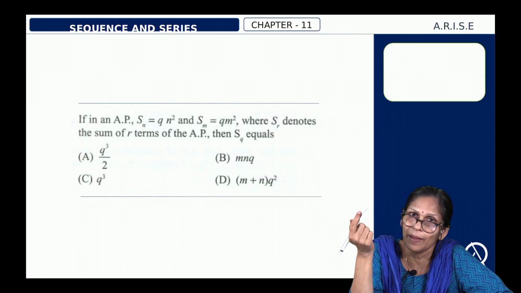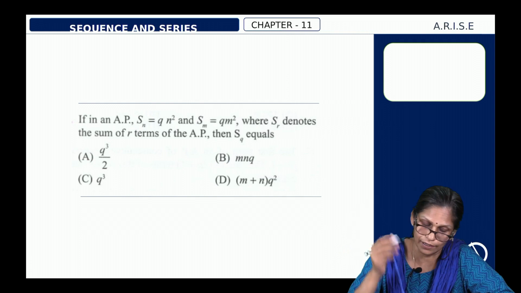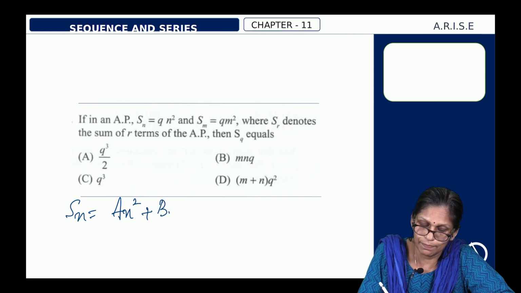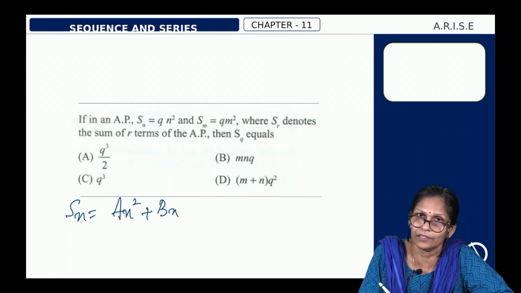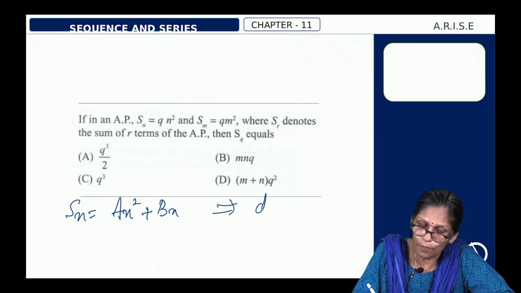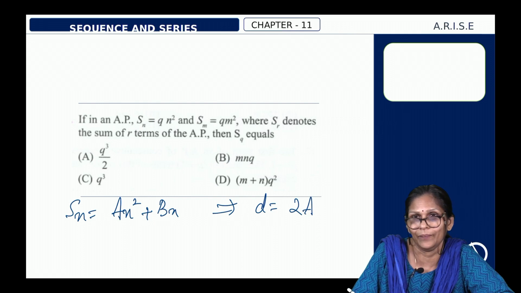If you can't remember, let me just quote that result. If the sum to n terms of the AP is of the form an squared plus bn, in this case the common difference of the AP is 2a.